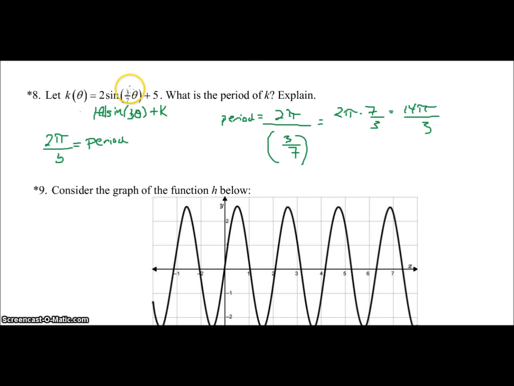Okay, so this output will complete a cycle of values after the input varies by 14 pi over 3.